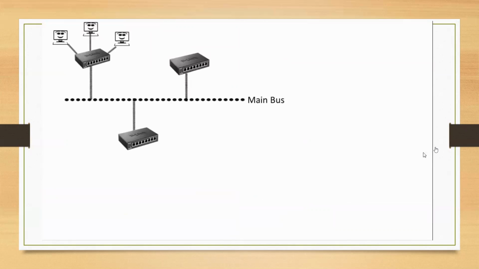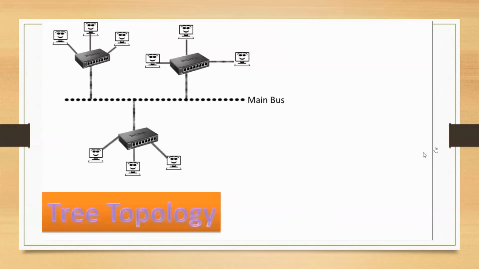Now moving on to the next topology, it's a main bus, and as you can see there are hubs, and to those hubs there are computers connected in a star formation. Such a type of topology is known as tree topology, as this is a combination of 2 topologies, bus and star topology.